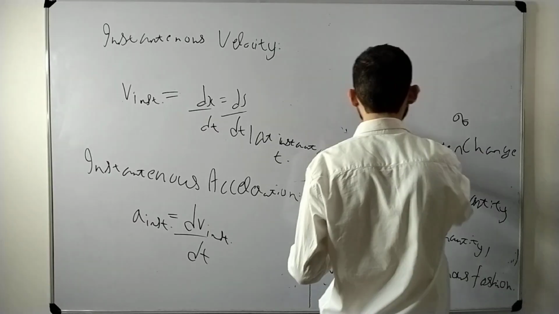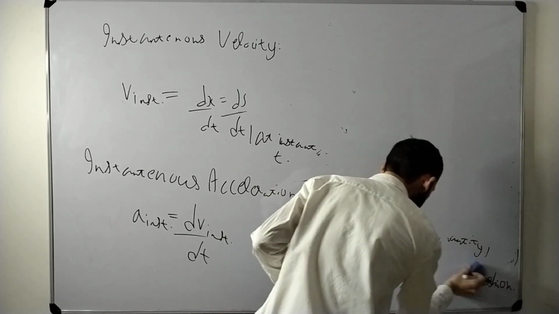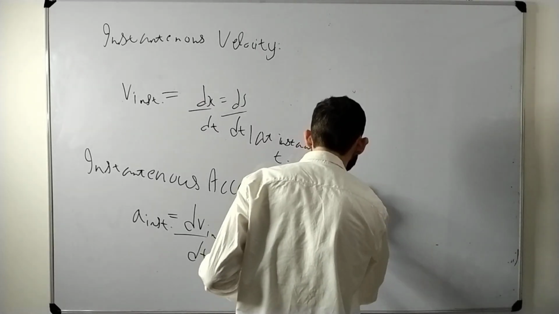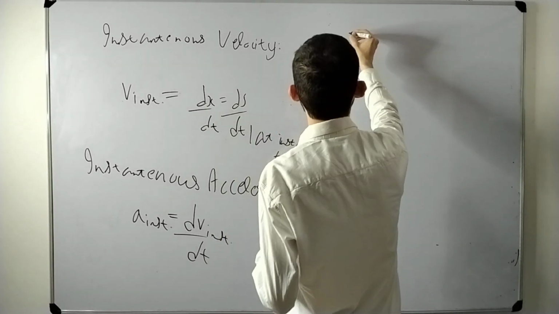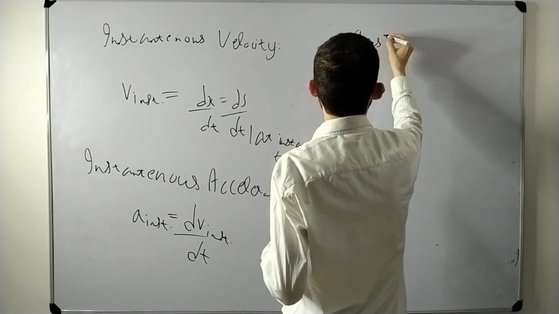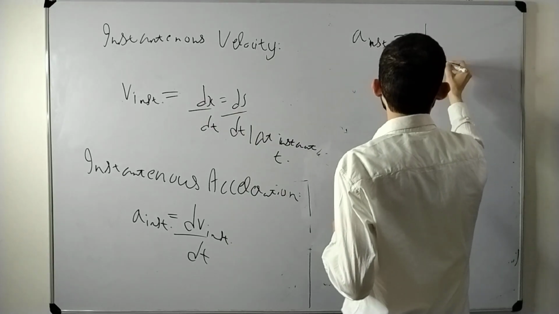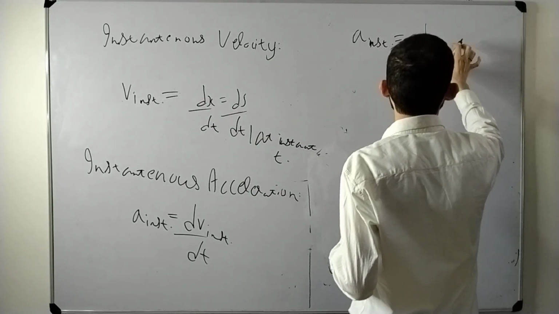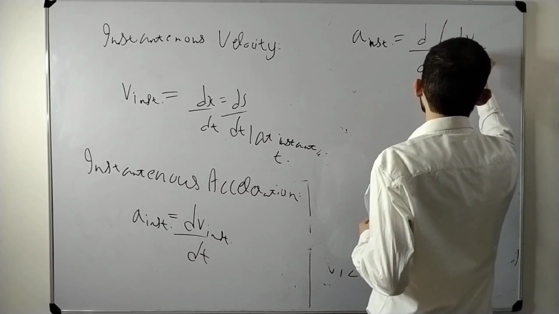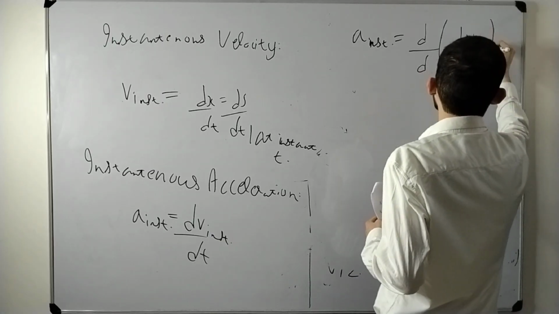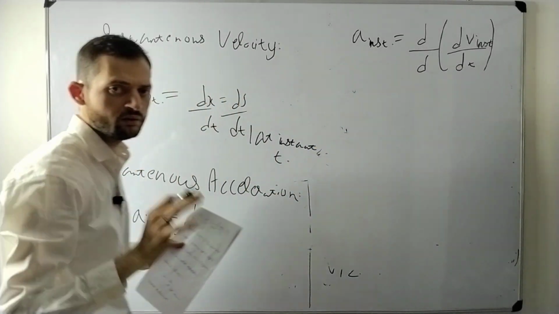So what I mean here is this. Acceleration is dv, so can I write this as dv instant upon dt? Right, students? Okay, so you're getting my thing.